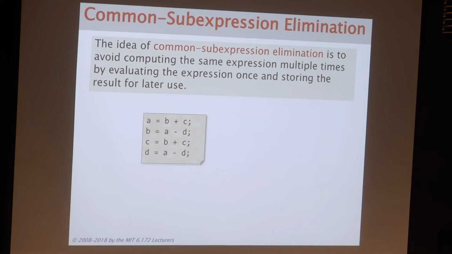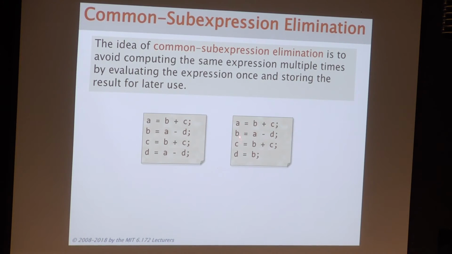So notice here that the second and the fourth lines are computing the same expression. They're both computing A minus D, and they evaluate to the same thing. So the idea of Common-Subexpression Elimination would be to just substitute the result of the first evaluation into the place where you need it in future lines.